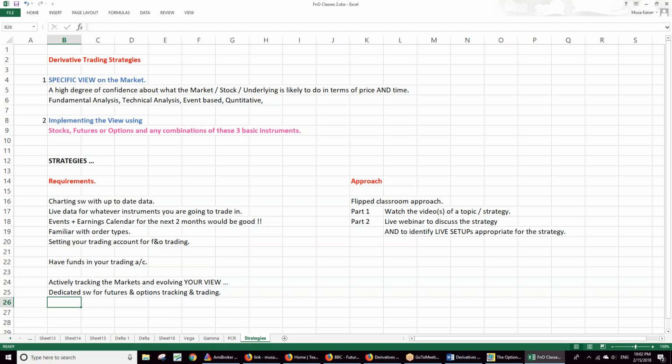So again, please have a look at what you have, and then we will look at what the participants have and focus on those. No point looking at something high end or something sophisticated which you will not use, right? So please have a look at what you already have.